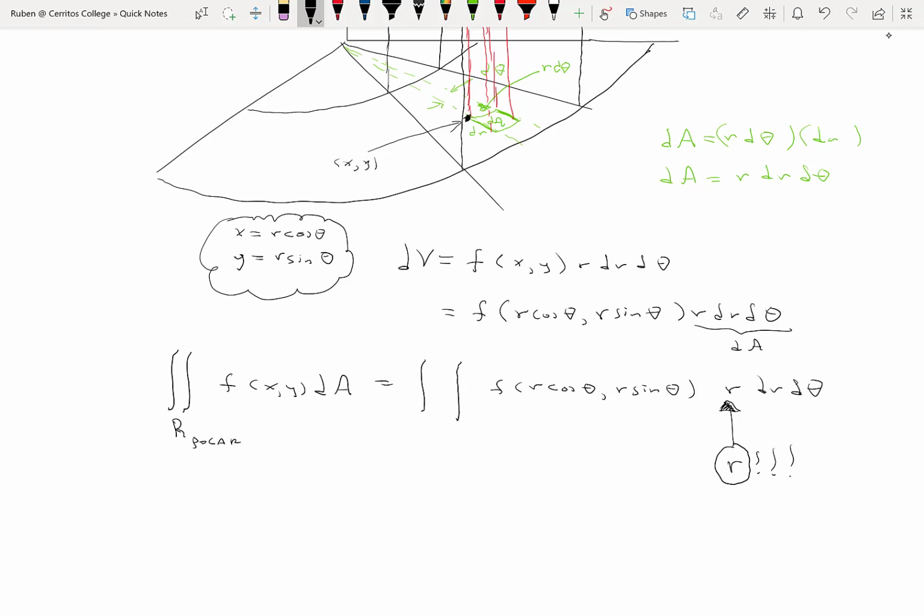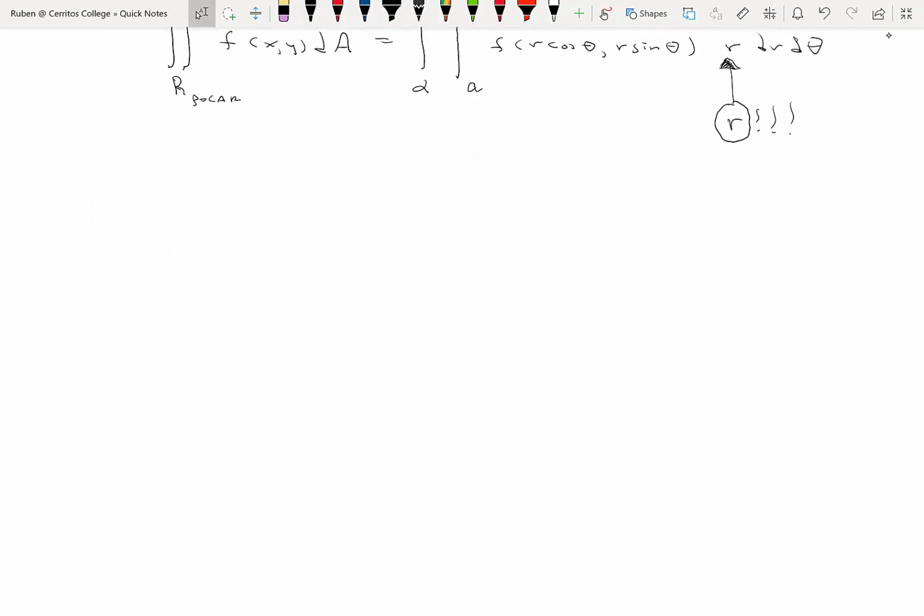Now the limits of integration: we're evaluating a double integral, but we've replaced it with an iterated integral as r varies between the constants a and b, and theta varies between the constants alpha and beta. So this is our first formula, if you will. It's for the evaluation of a double integral over a polar rectangle.